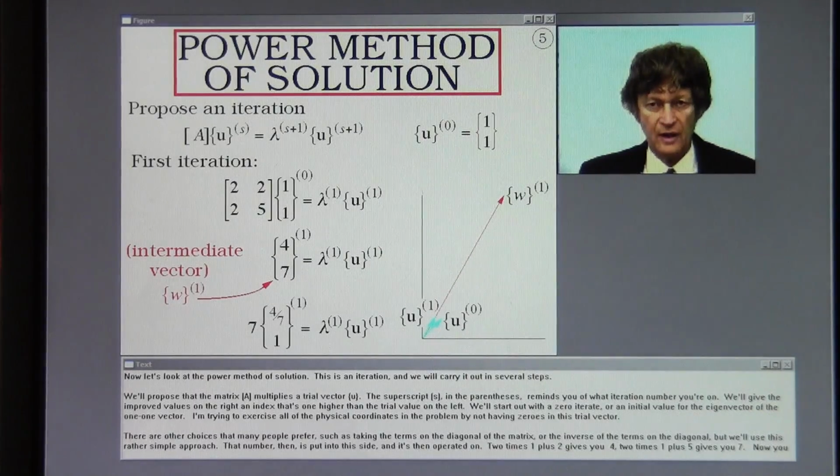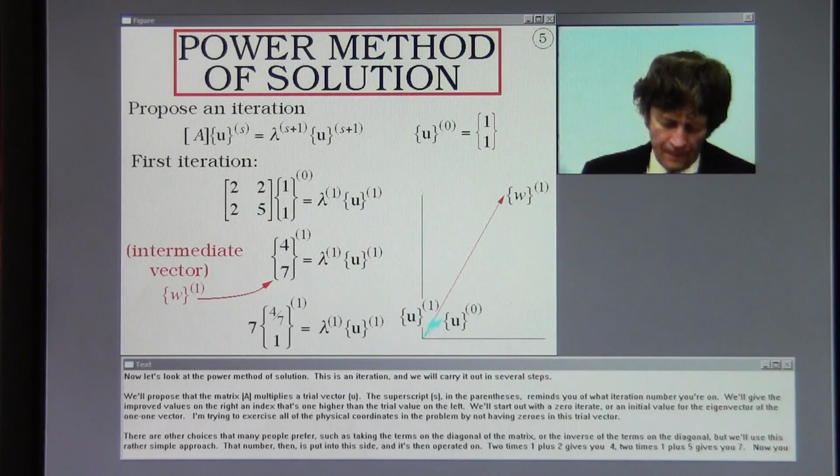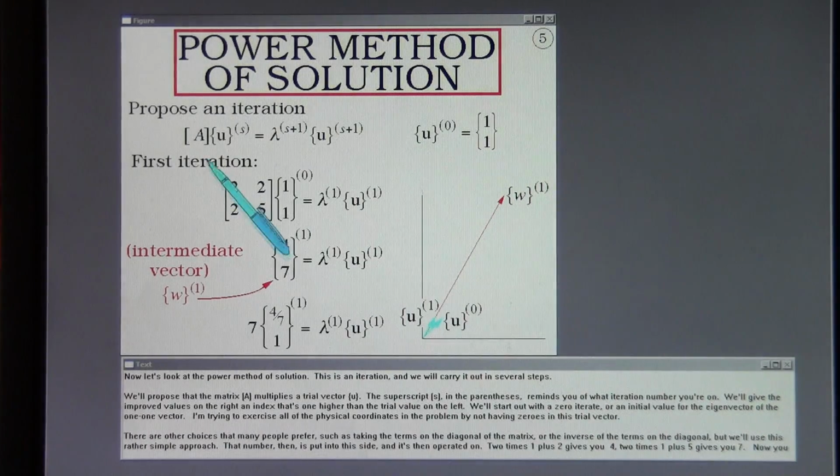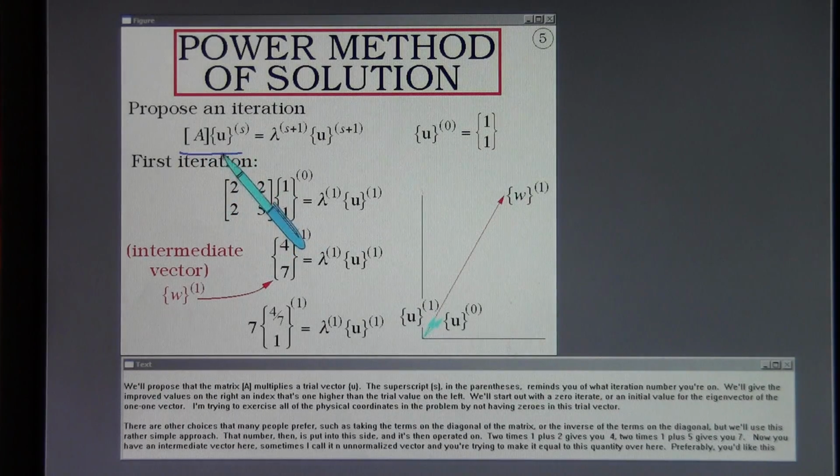Now let's look at the power method of solution. This is an iteration, and we'll carry it out in several steps. We'll propose that the matrix A multiplies a trial vector U. The superscript S in the parentheses reminds you of what iteration number you're on.